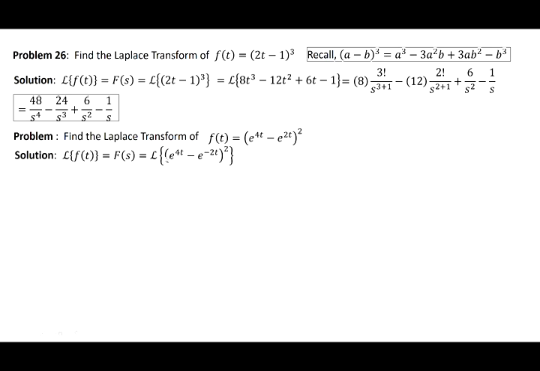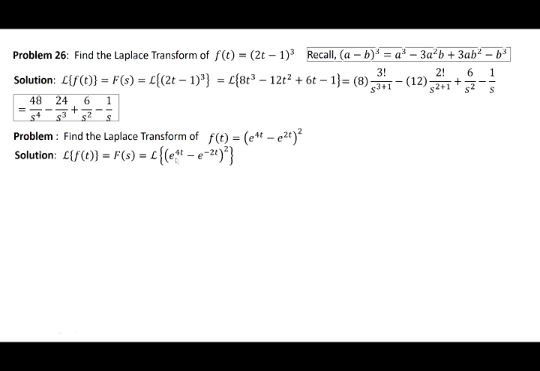Here, Laplace of f(t) equals F(s), which is the Laplace of this guy. Would you agree that we need to expand this out? We have (a − b) squared, which is a² − 2ab + b². So (e^(4t)) squared is what?